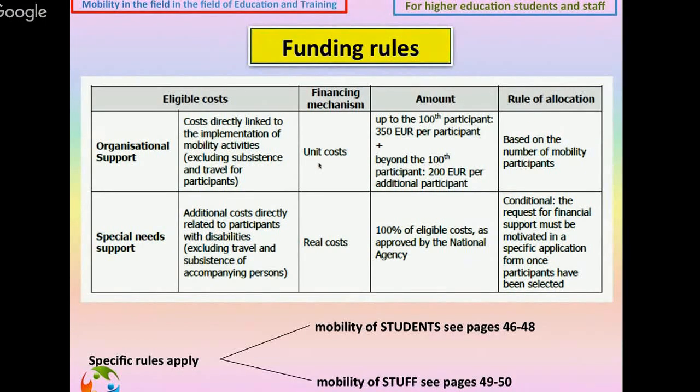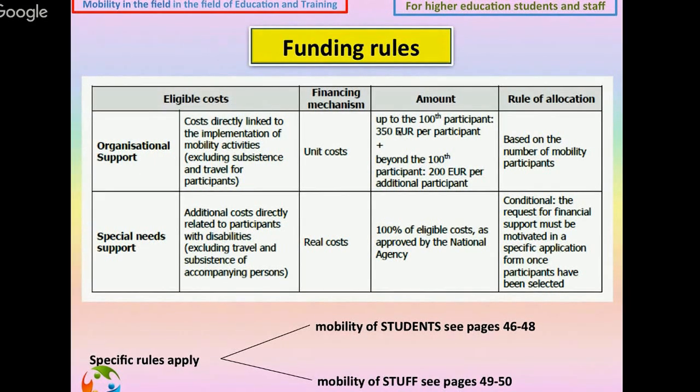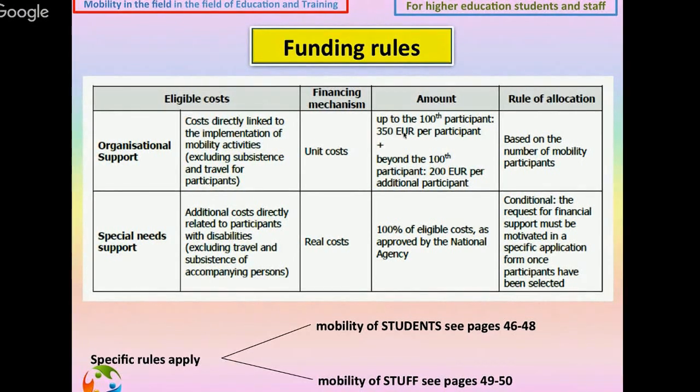The unit costs are costs that are directly linked to the implementation of the mobility activity, and they are decided in this way: 350 euro per participant that the organization receives, no matter time or other kind of expenditures.